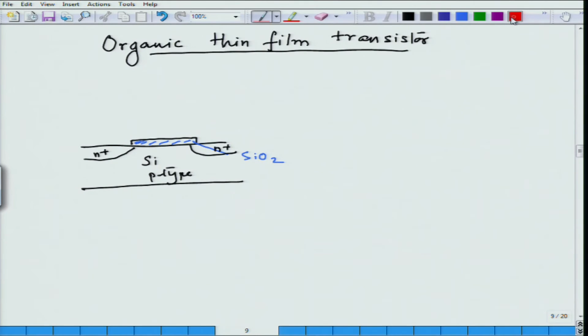I am going to make contact to the gate using a metal, and then I need to make contacts to the drain and source. So, I am going to make contacts to the drain and source here. In this particular case, we normally define this as source.